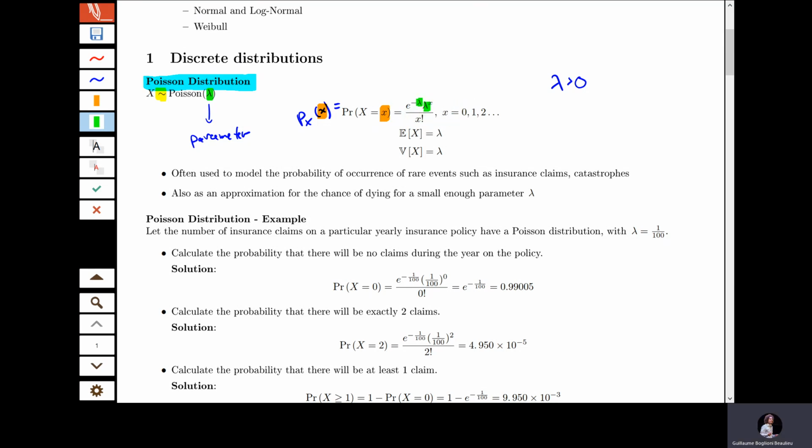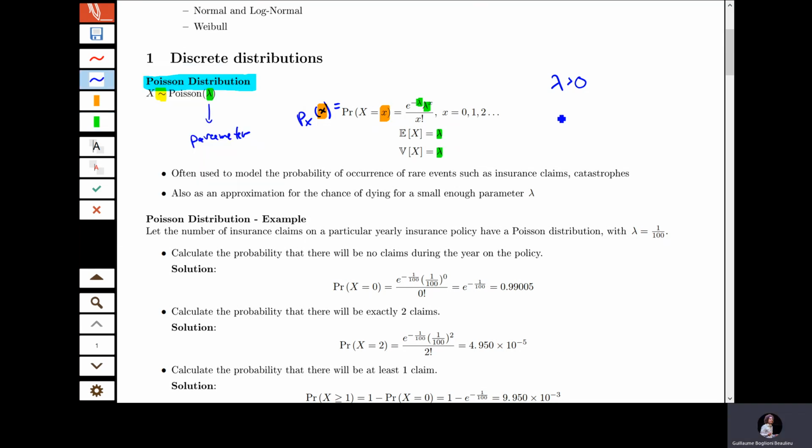It so happens that for the Poisson distribution, the expectation or expected value of the random variable is simply the parameter lambda, and the variance is simply the parameter lambda as well. So this is perhaps a simple distribution because it only has one parameter and the interpretation is simple. The bigger the lambda, the bigger the expectation, and at the same time, the bigger the variance.